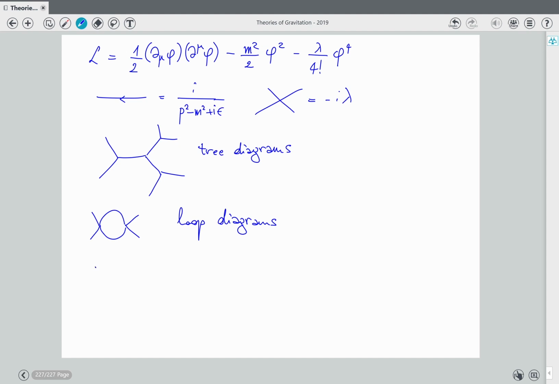How to compute those? For example, this loop diagram.